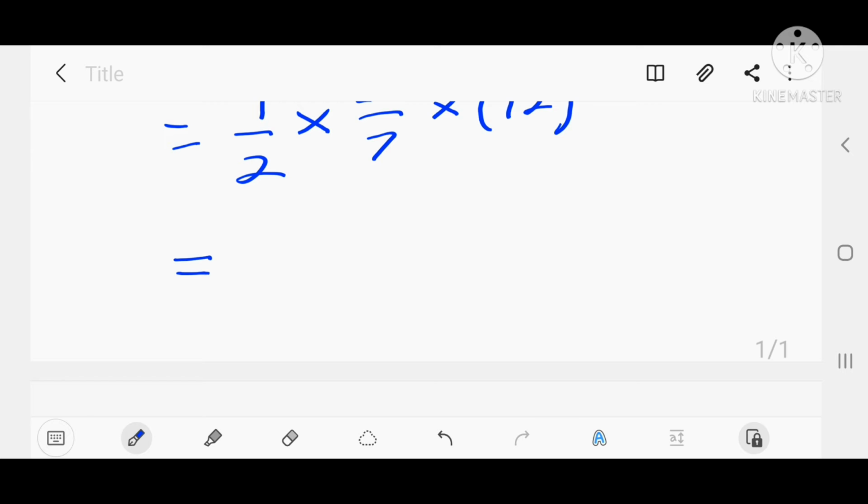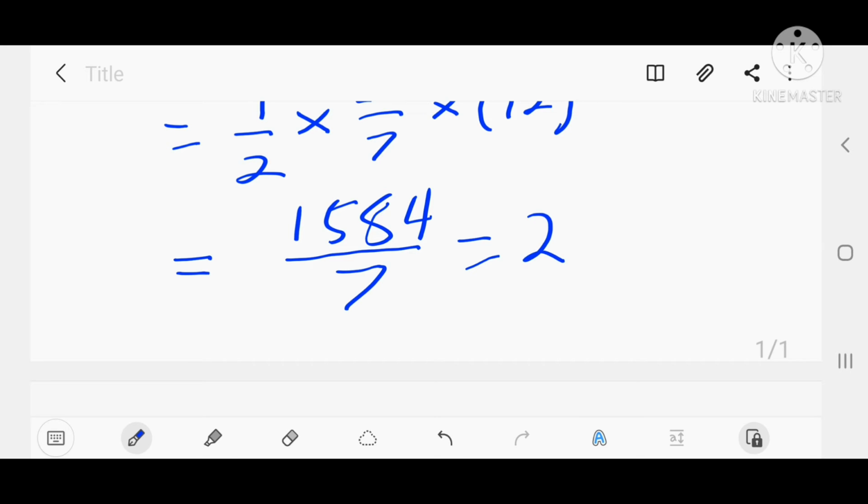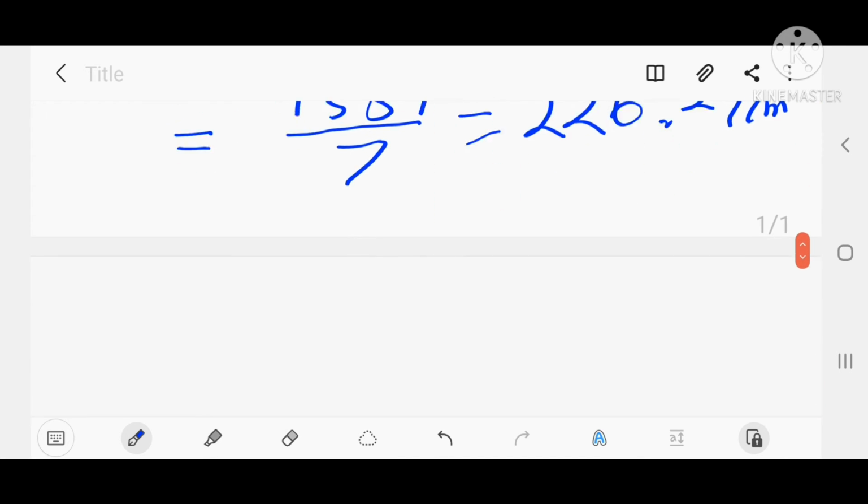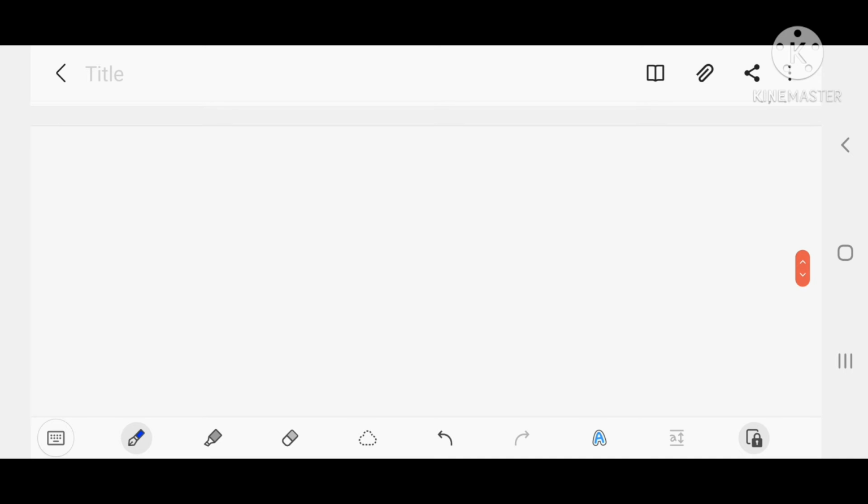Multiplying everything, we have 1584 on 7. Breaking it down, we have 226.29 centimeters squared.